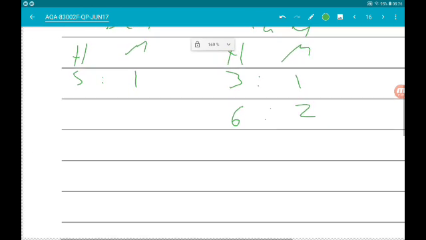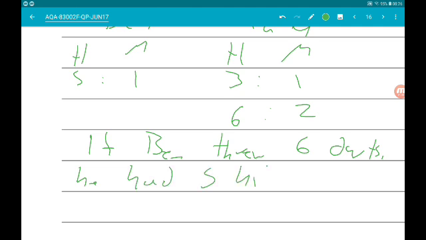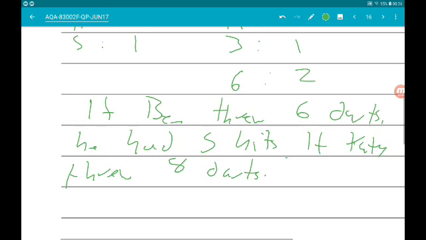So if Ben threw 6 darts, he had 5 hits, but if Katie threw 8 darts, she had 6 hits.